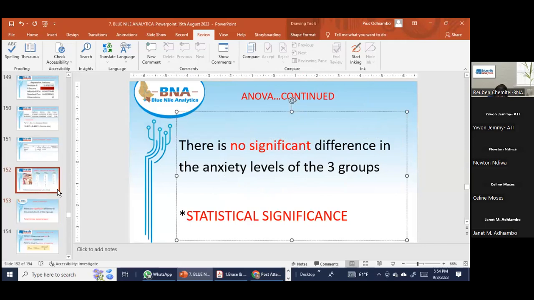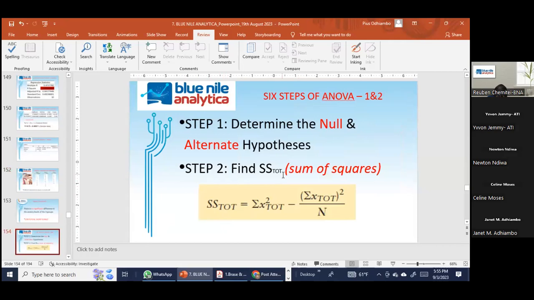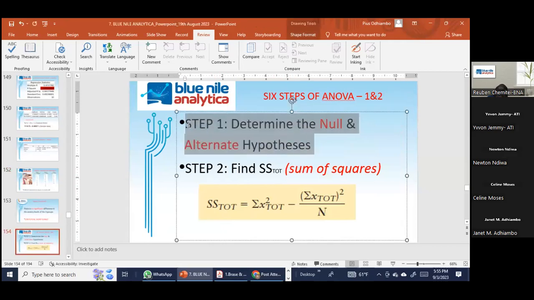So we have these three groups that we are trying to compare. And basically what happens in analysis of variance is that we look at the mean for each group vis-a-vis the variations that we have in all the groups. So in step 1, which is very critical, we determine the null and alternate hypothesis.